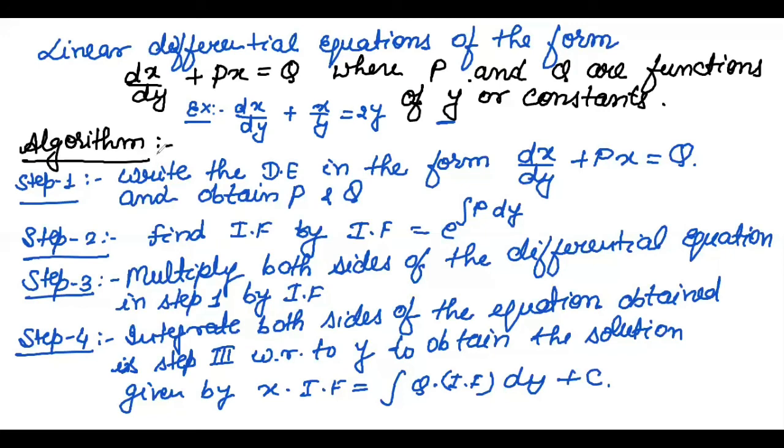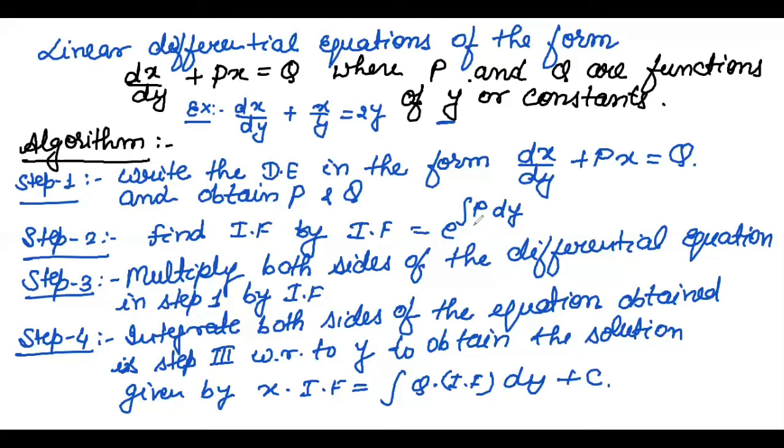So the process is the same, just in place of x we will apply y, in place of dx we will apply dy. So here first of all we will write the differential equation in this form, dx by dy plus px equals to q, and then we'll find out p and q, and after that we'll find out the integrating factor e integration of p dy. In the previous form, we were having e integration of p dx.